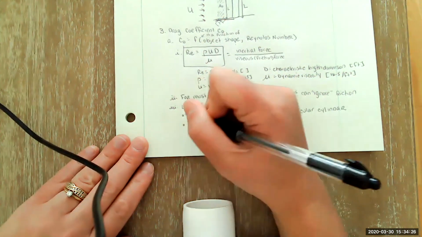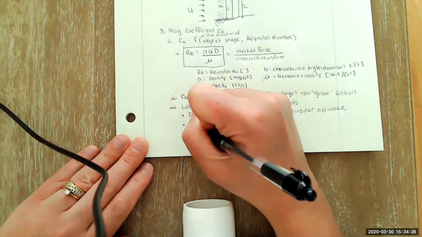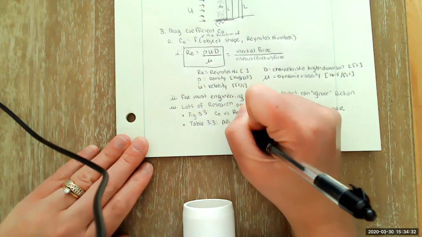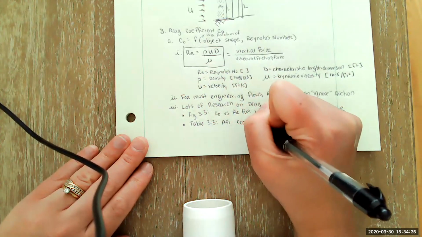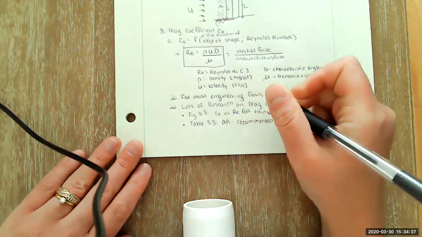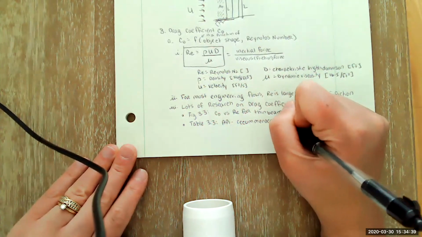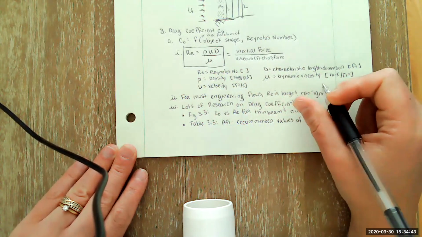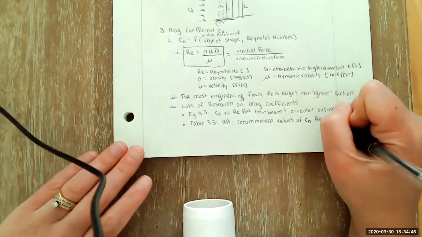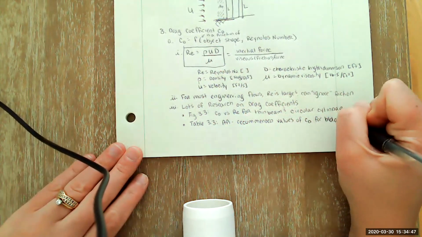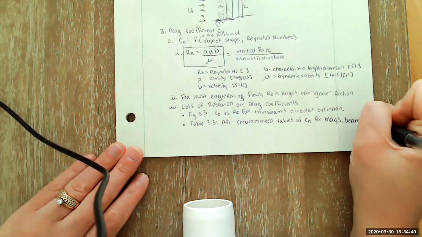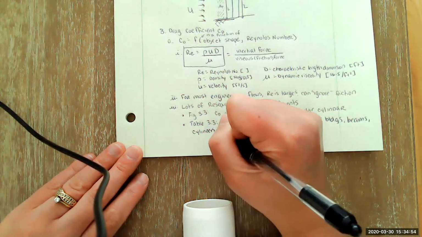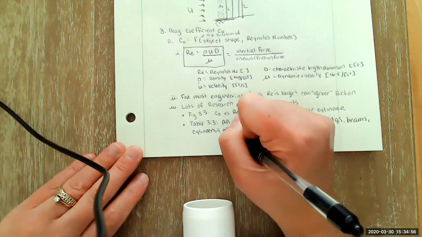And then also we have table 3.3, which is API recommended values of C sub d for buildings, beams, cylinders, and open platforms.